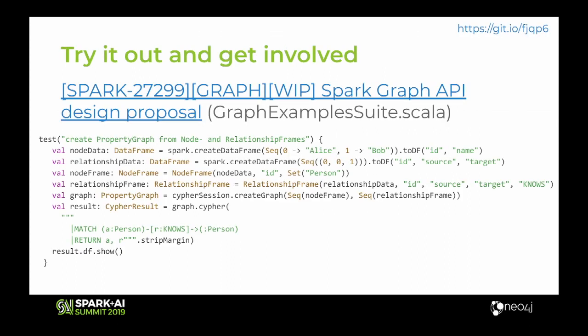And here's the link. There's an example of how this might look. There's been some work to have an API which is based around the concepts you've heard, in terms of taking DataFrames tables for nodes and relationships. The builder pattern that Martin used in some of his examples could be overlaid over this core API, so it probably wouldn't look very much different at all, but this would be the sort of raw API.